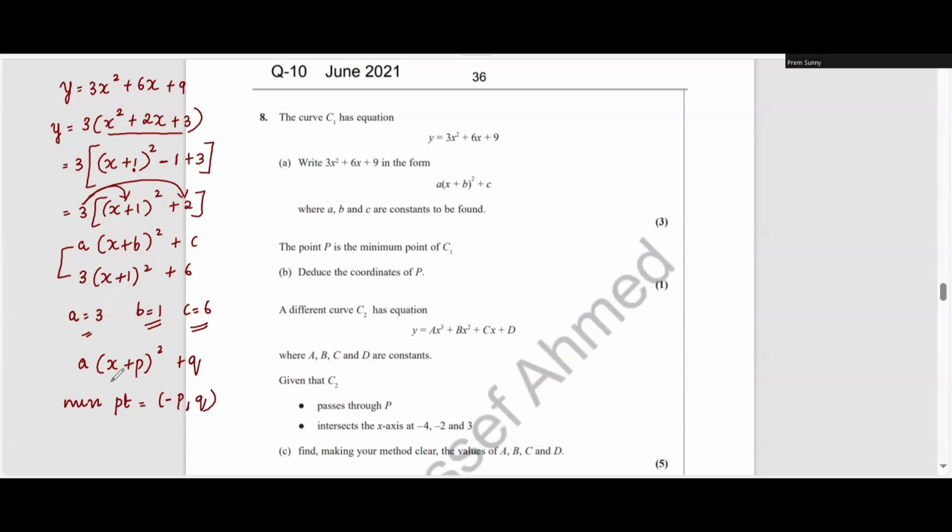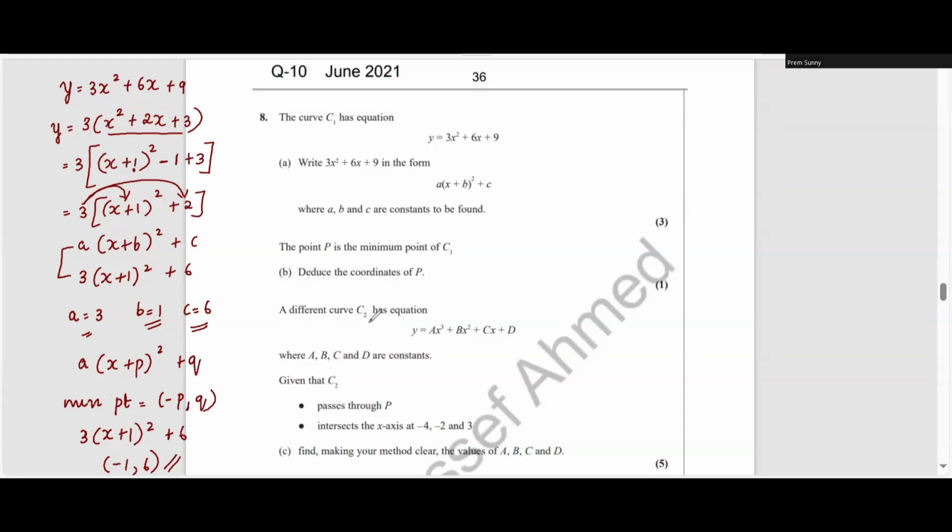So here we know that 3 into x plus 1 the whole square plus 6. Therefore, here p is 1, so minus p will be minus 1. Q is 6, so minus p comma q, that is minus 1 comma 6, will be the minimum point. So that is also done.